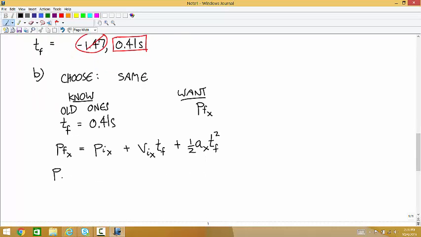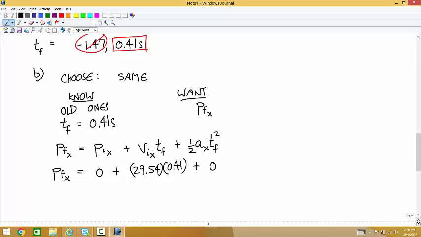So PFX is equal to 0 plus 29.54 times 0.41 plus AX is equal to 0, so this term goes away.